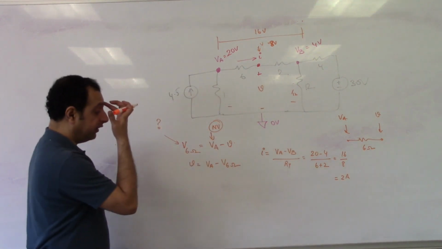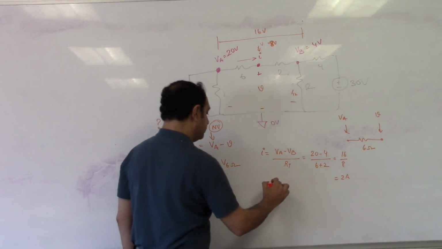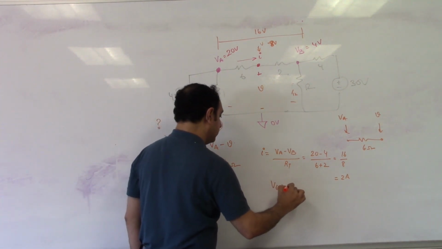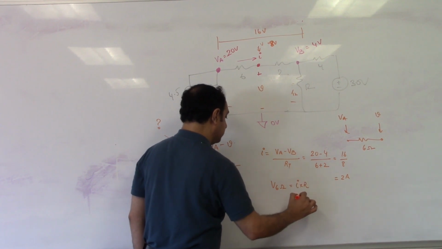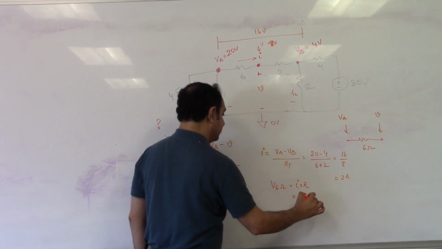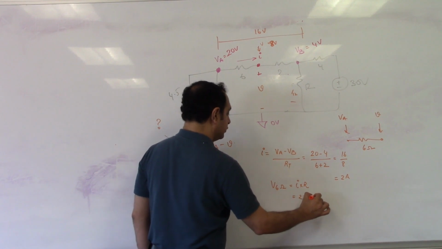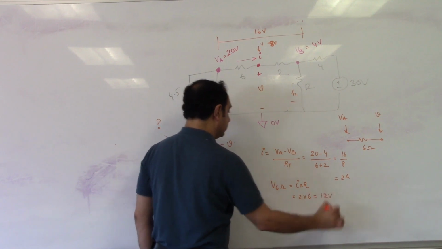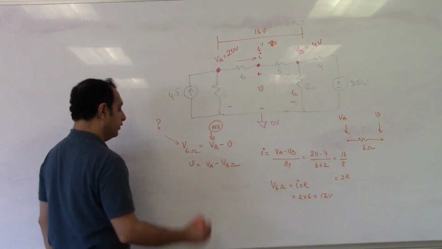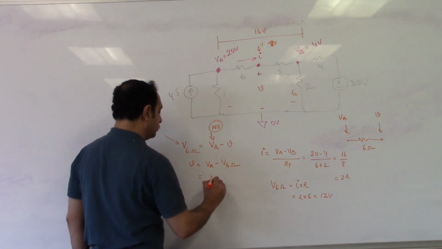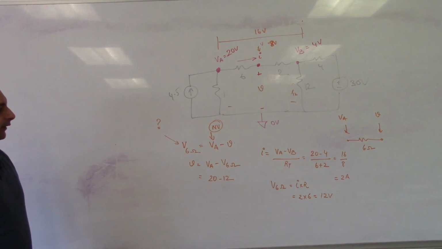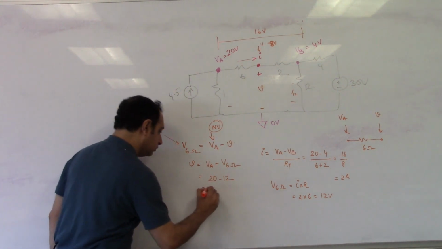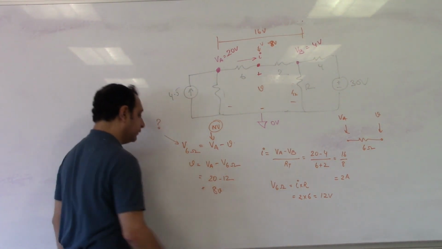So if I is 2 amps, V6 ohms by Ohm's law will be equal to I times R, which is 2 times 6, so that will be equal to 12 volts. So V is equal to 20 minus 12, which is 8 volts.